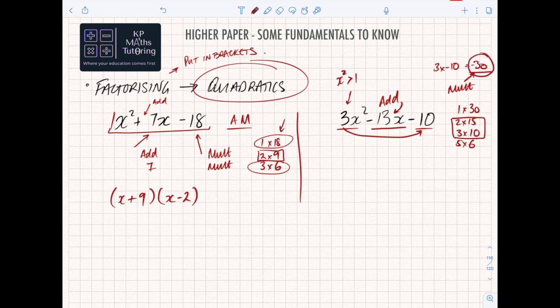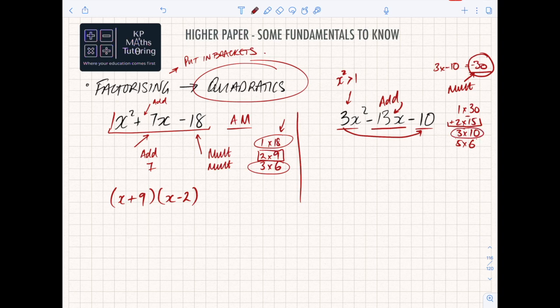If it is multiplying to give you a negative, only one of the values will be negative. Well, if it was minus 2 and plus 15, 15 minus 2 would be positive 13, so that doesn't work. If it was positive 2 and minus 15, well, 2 minus 15 is minus 13, so that would work for this question.